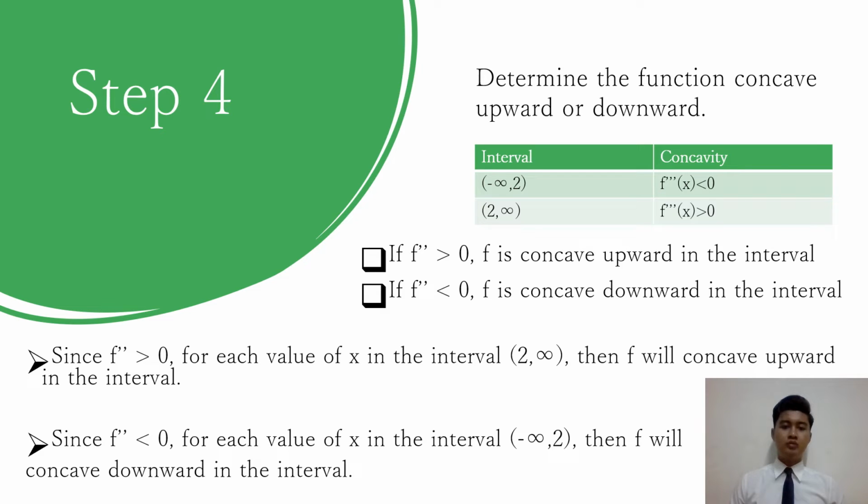However, if f double prime is less than 0, f is concave downward in the interval. So we can conclude that since f double prime is more than 0 for each value of x in the interval 2 to infinity, f is concave upward in the interval. And since f double prime is less than 0 for each value of x in the interval negative infinity to 2, f is concave downward in the interval.